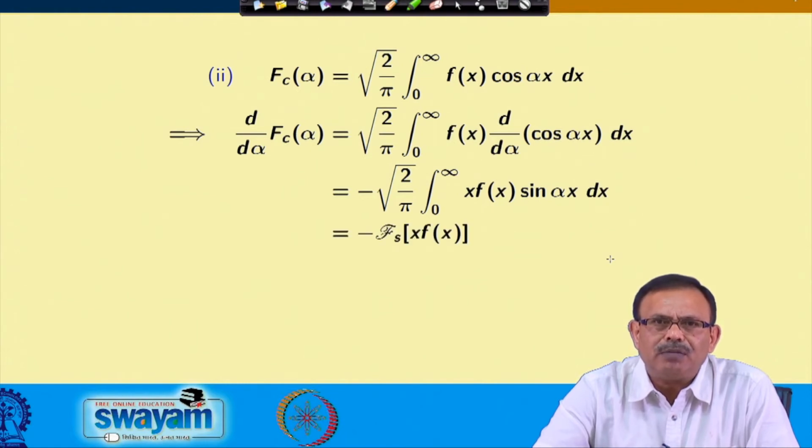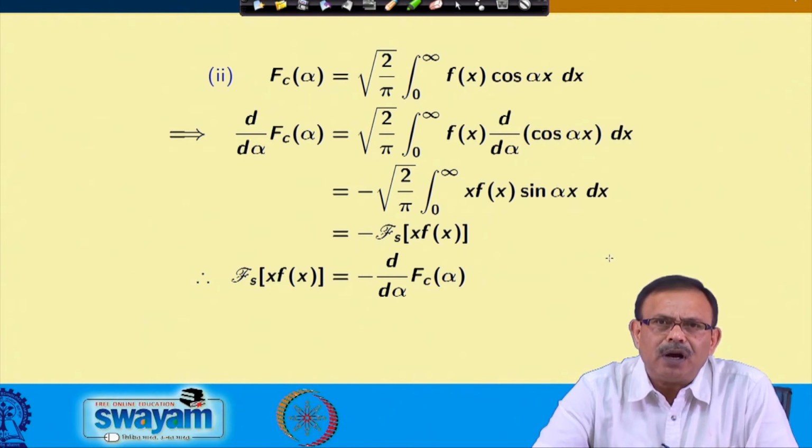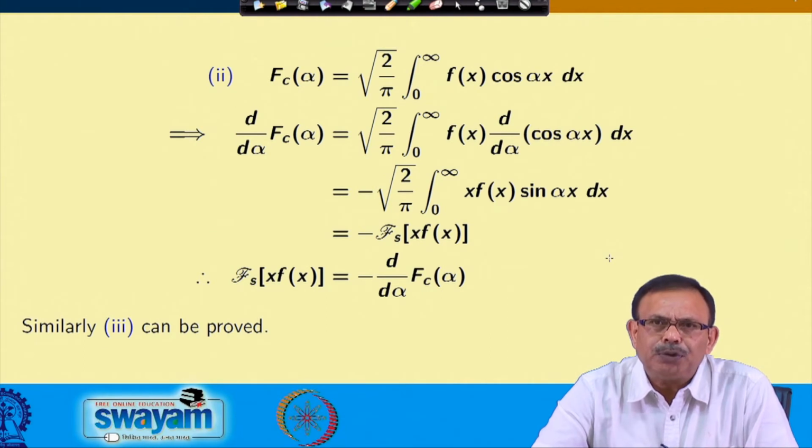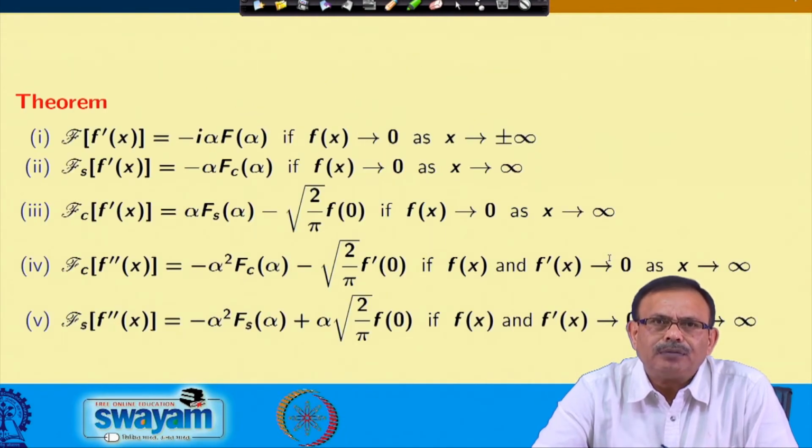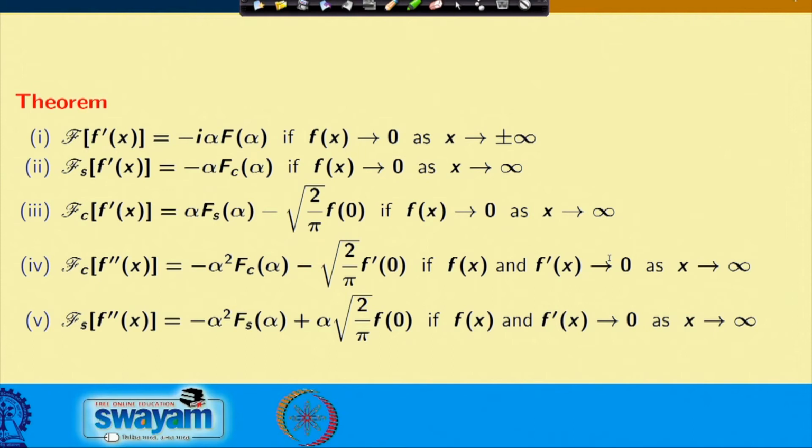So the Fourier sine transform of x f(x) equals minus d by d alpha of the Fourier cosine transform of alpha. And similarly, the third proof you should do on your own. Now, let us see the next theorems.